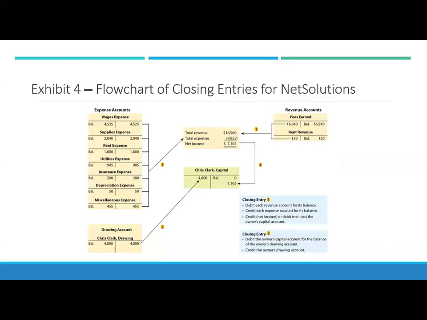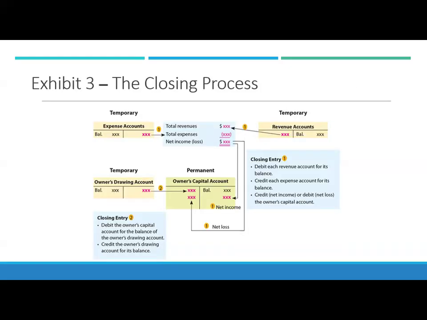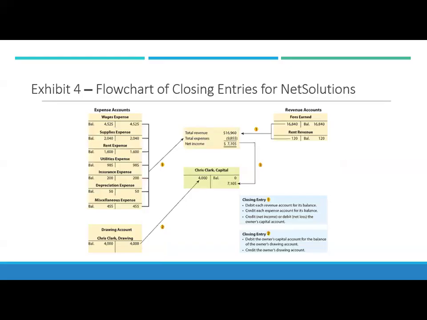This is like a high level, but on a more detailed level, we have a bunch of different expense accounts and a bunch of different revenue accounts. And we have to zero out every single one of our revenue and expense accounts.